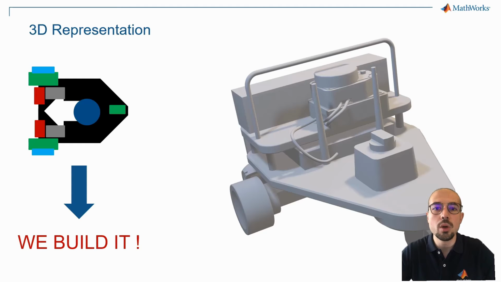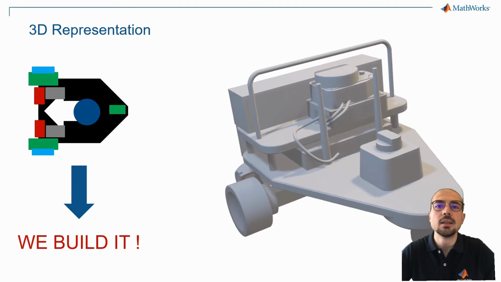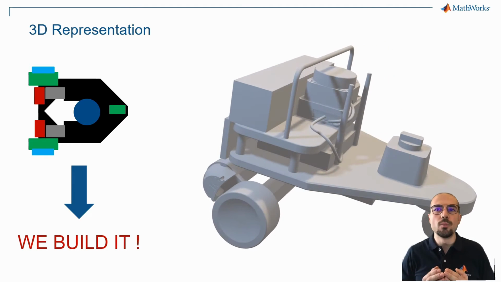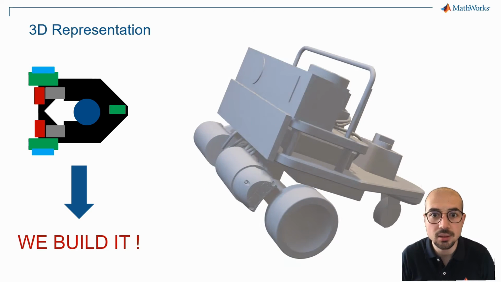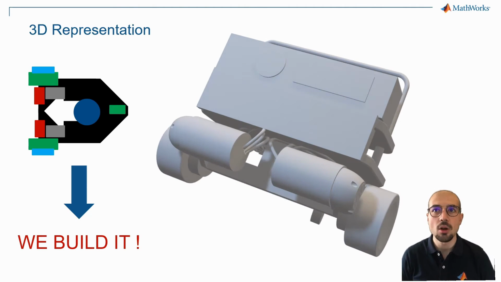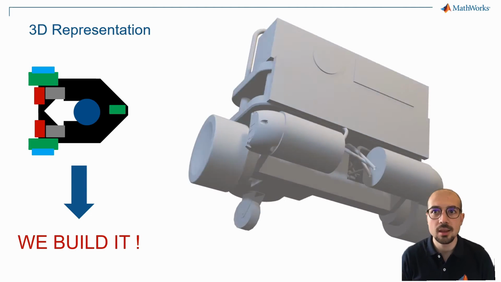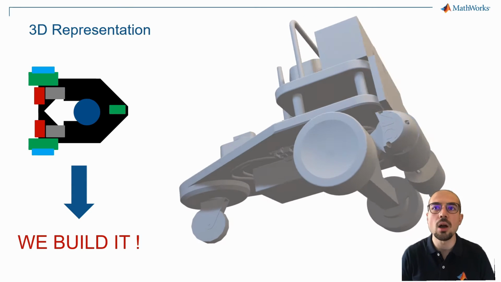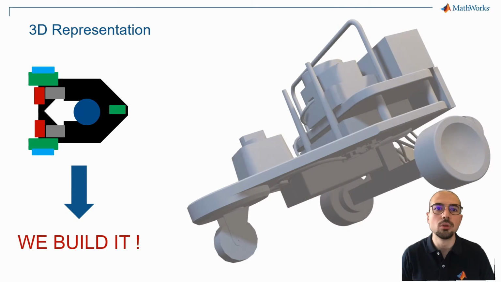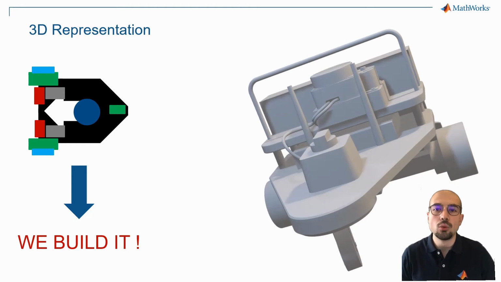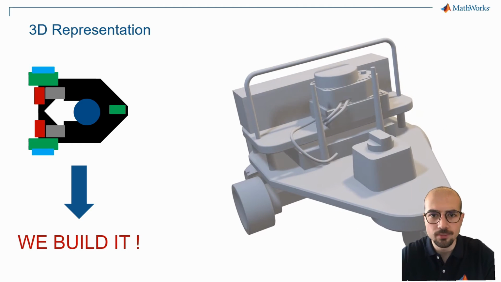Okay, so we built this, and this is the assembled robot. It's a robot in the real world that is able to move, it's able to acquire information, and it's able to run ROS in particular.